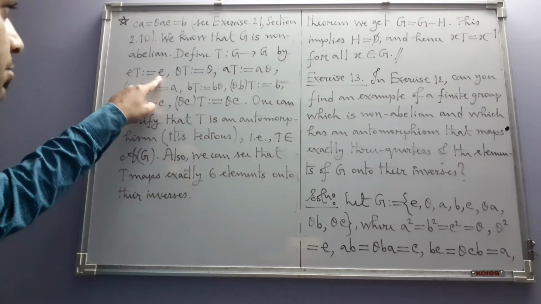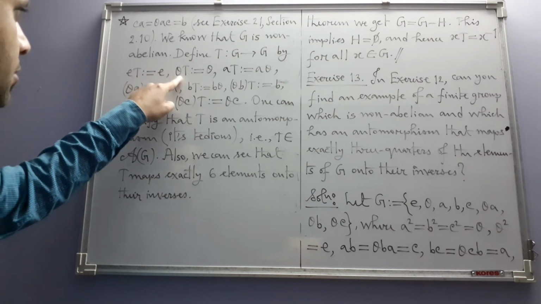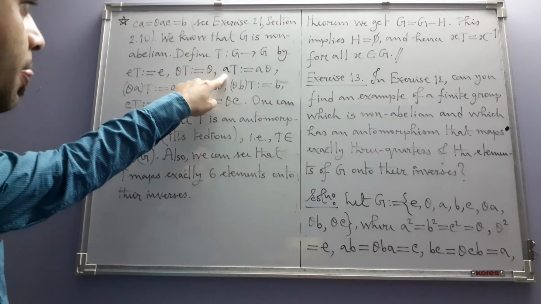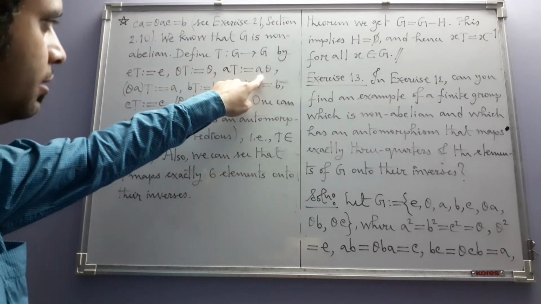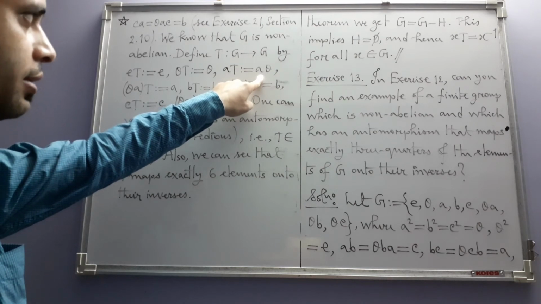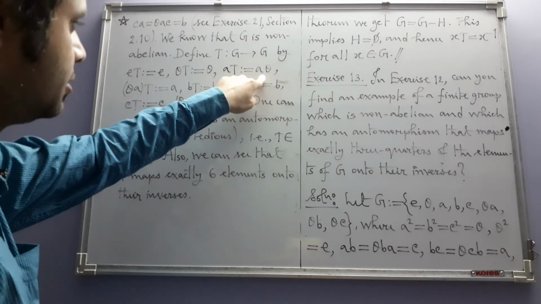E, of course, is one such element. Theta is one such element. A gets mapped onto A theta, and it turns out that A and A theta are inverses of each other.